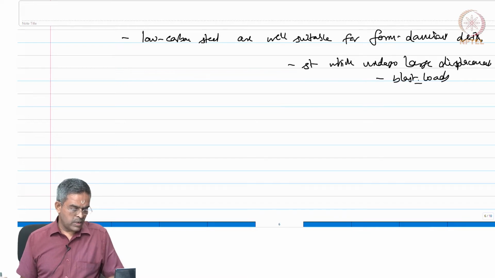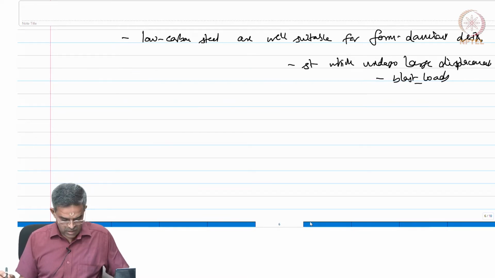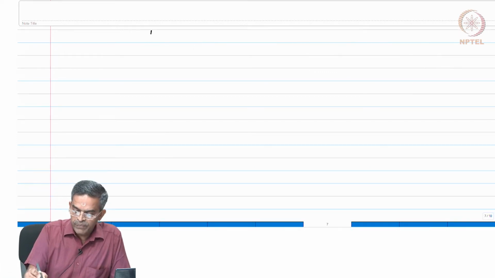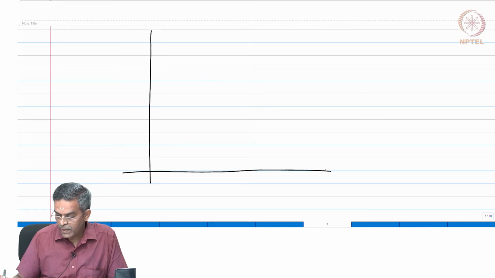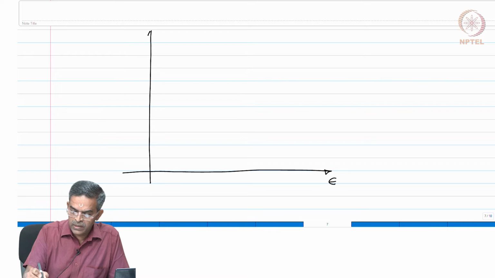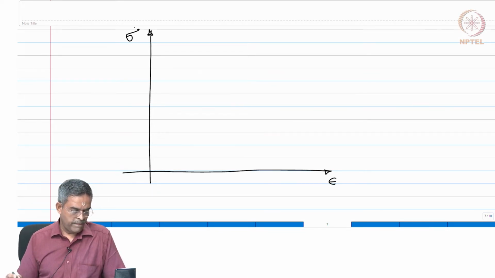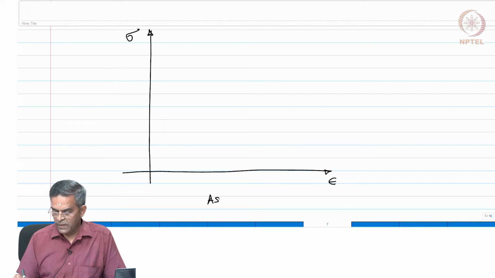So, let us quickly look at the typical stress strain curve as given by AACE manual. So, this is a typical stress strain curve of AACE manual 42.